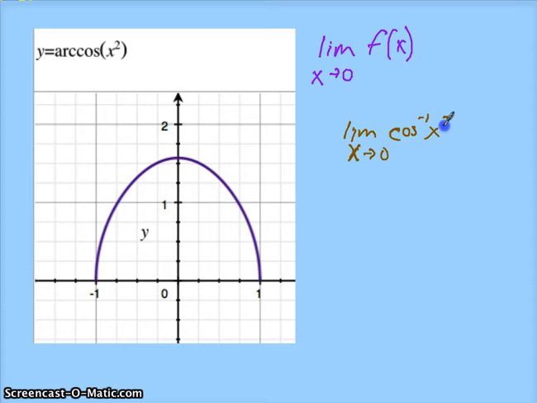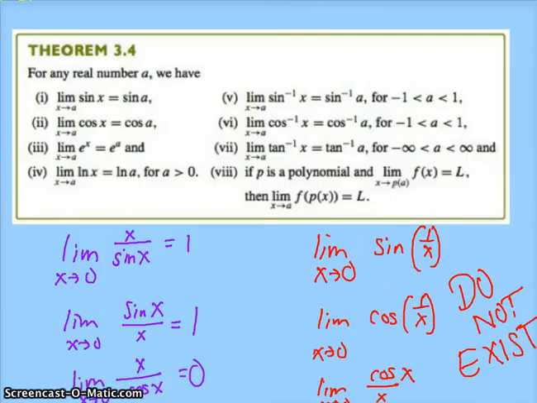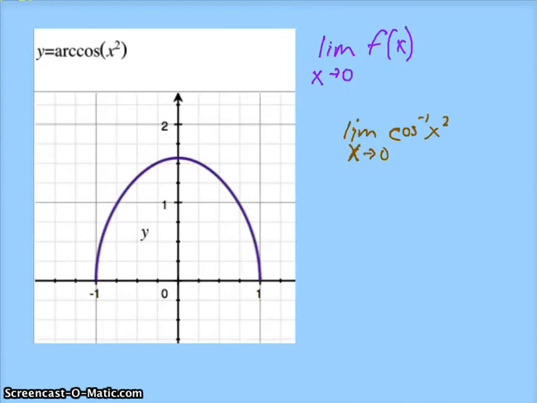Okay, so let's look at this one here. The inverse cosine of x squared. And you're saying, oh, geez, I don't know what that is, right? But we're looking at x as x approaches 0. So don't forget this piece right here. This is defined from -1 to +1, and obviously since 0 is included in that, that's nice and easy.